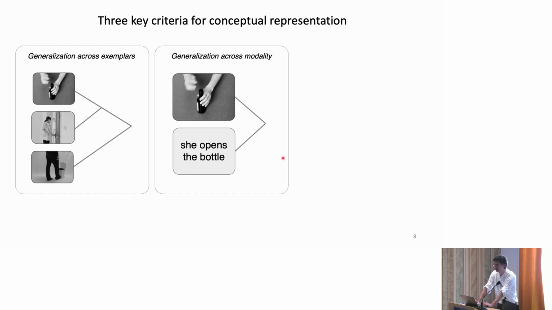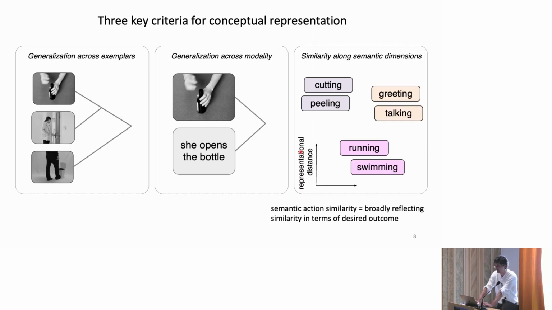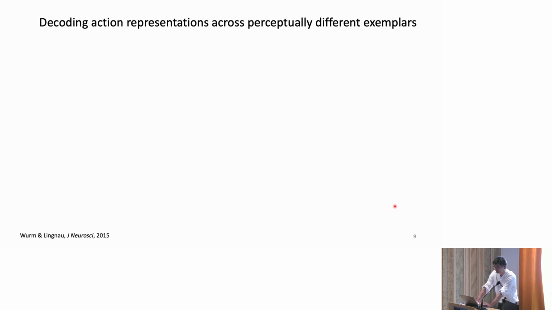For example, it should respond to both observing an action, like opening a bottle, and to a verbal description of that action. And third, the representations of action concepts should be organized following certain semantic principles. So it should group actions with similar types of outcomes or effects in the world, for example, actions that aim at manipulating objects, communication, or a change in location.